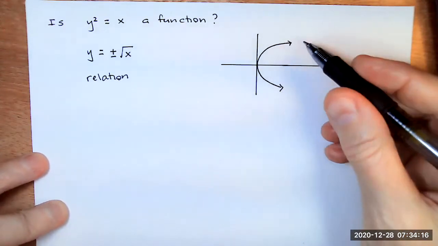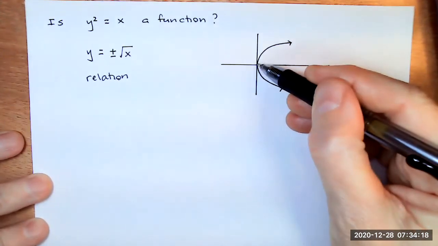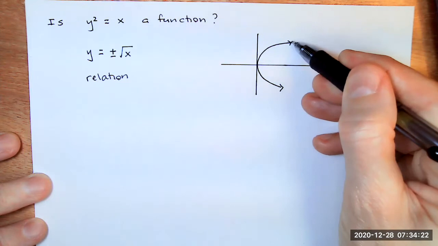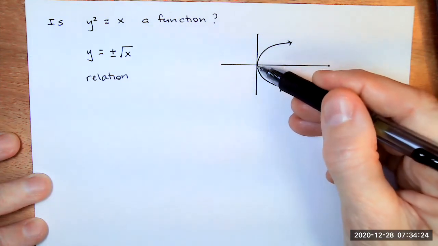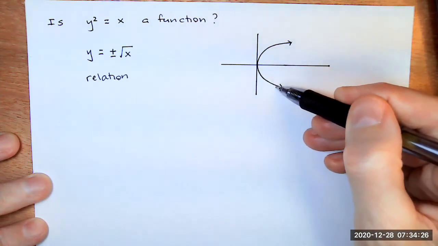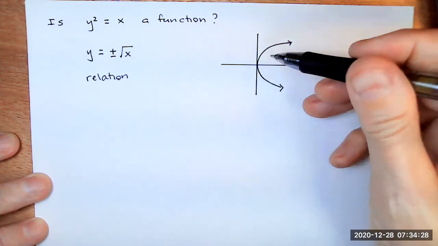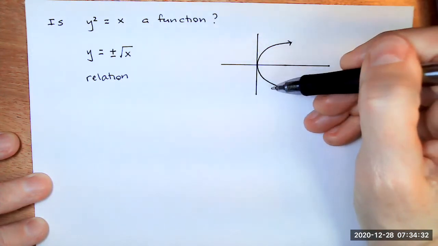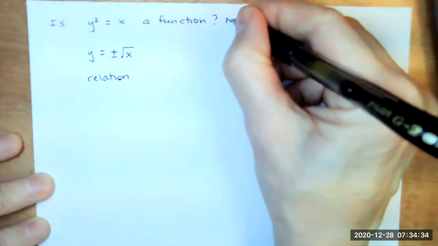And if you were to look at the graph, y equals positive the square root of x is this part of the graph, and y equals negative square root of x is this part of the graph. And since it fails the vertical line test, it's a relation, not a function.